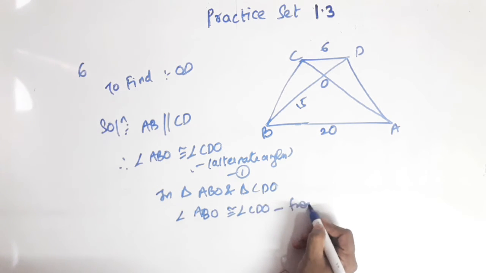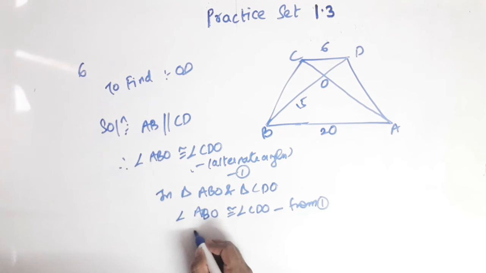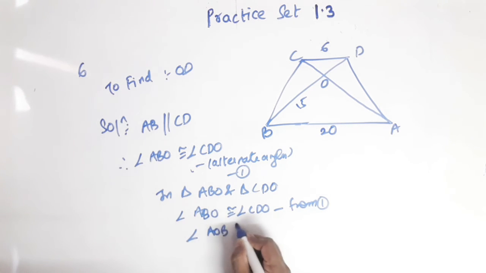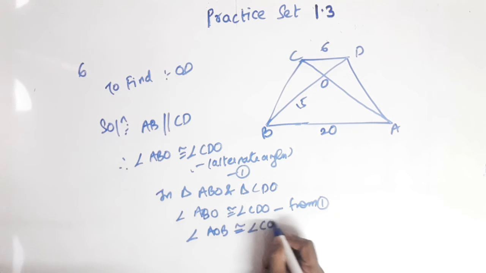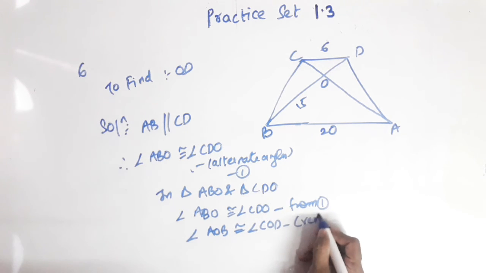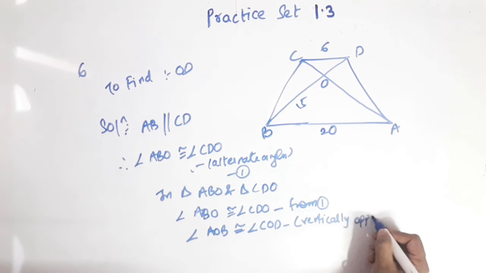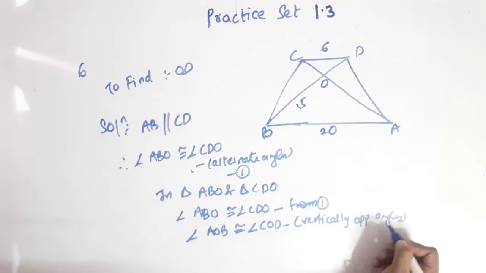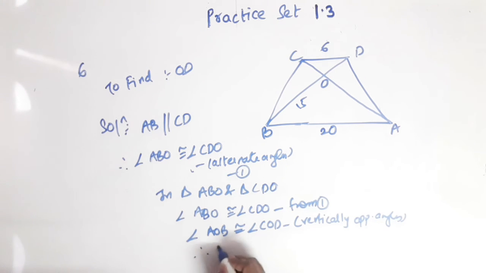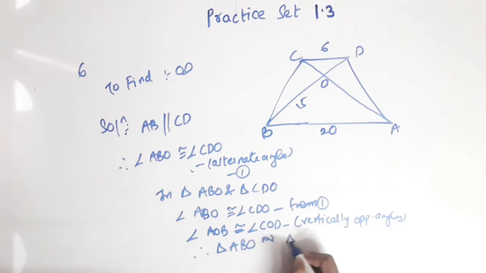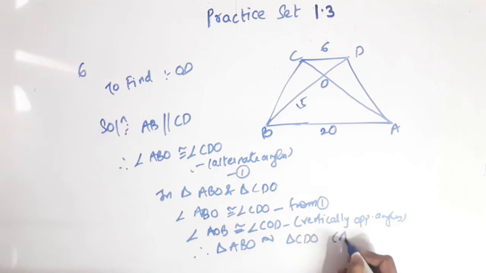This is from 1. And then we have angle AOB congruent to angle COD. This is what? Vertically opposite angles. Now, I'll write triangle ABO is similar to triangle CDO by AA test.